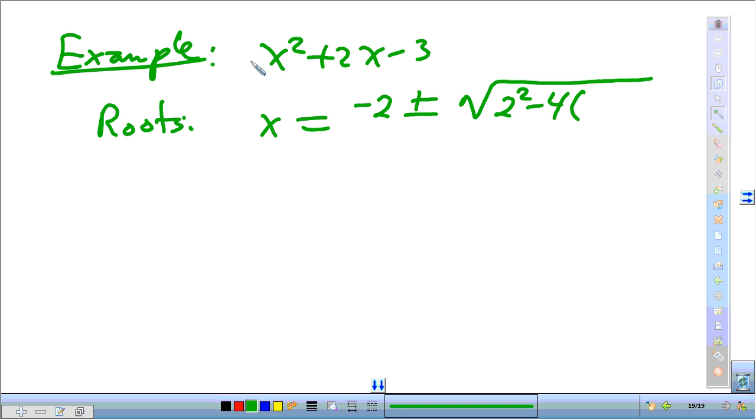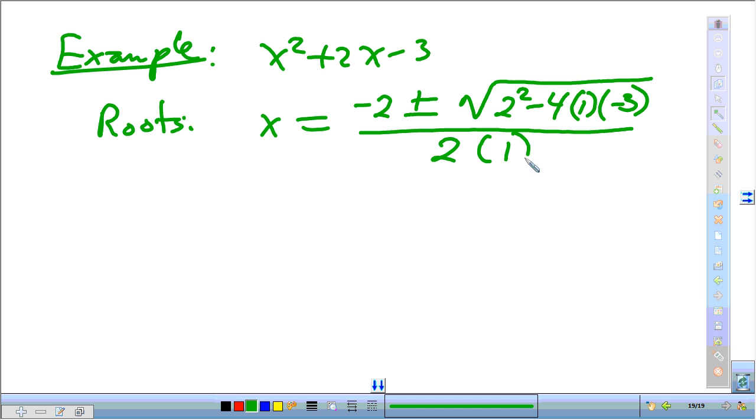A is the coefficient of x squared, in this case a 1, and c is this constant minus 3. And then divide by 2 times the a, that's 1. If we go through that, we can compute that out as minus 1 in the case of using the minus. If we use the plus, it comes out to 3. So 2 roots.